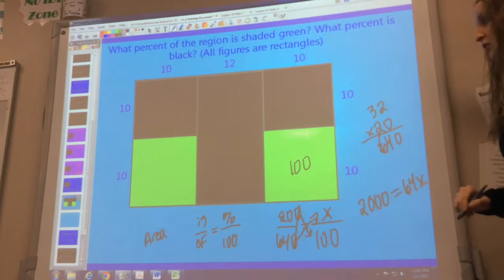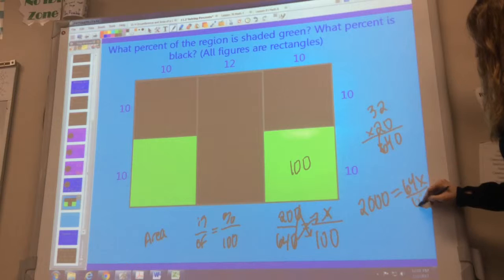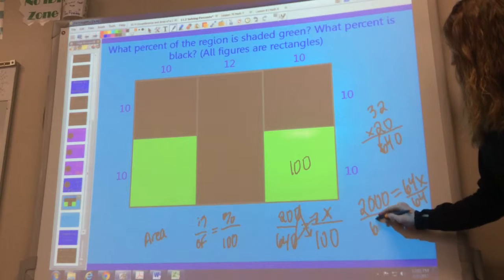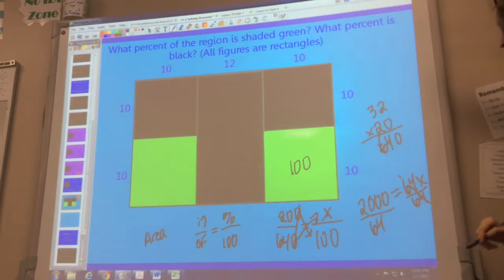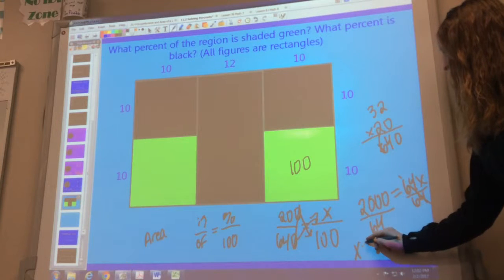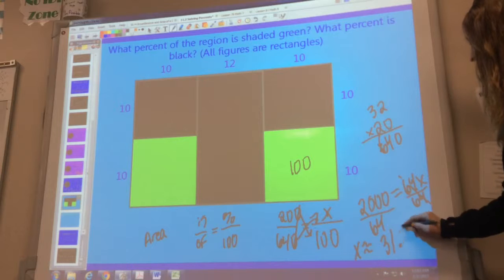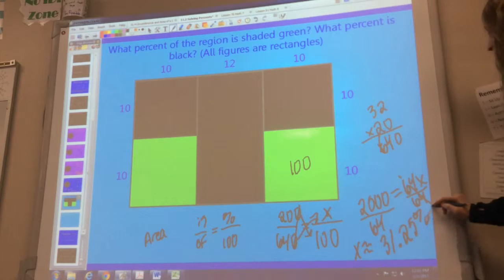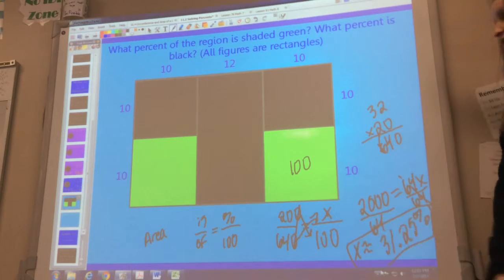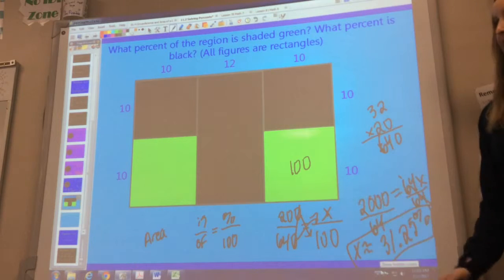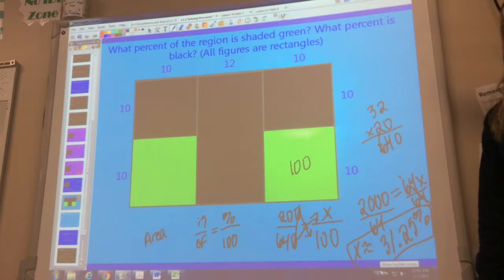Equals 64x. What do we have to do to both sides? Divide by 64. 31.25. Now, this is the percent of the green. What would be the easiest way to figure out what percent is black?